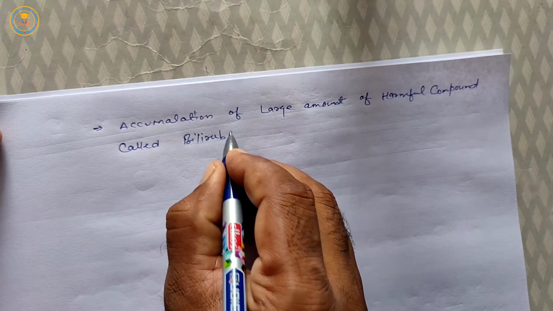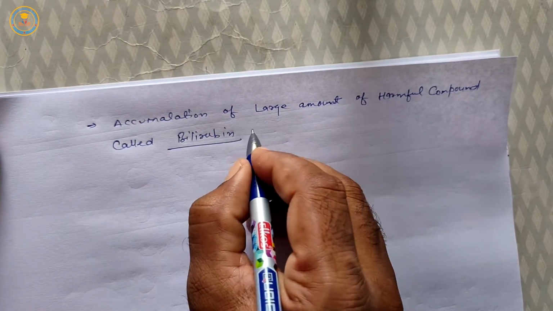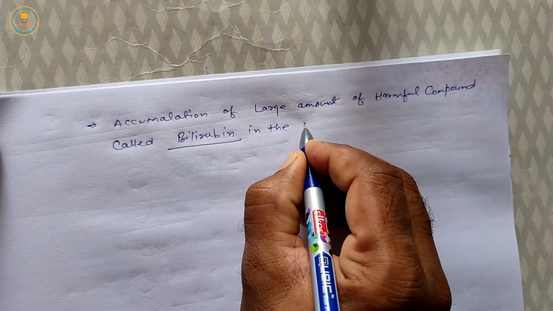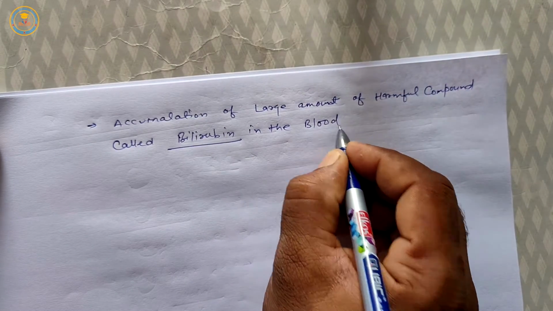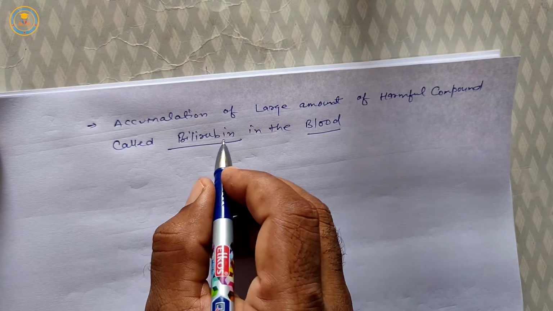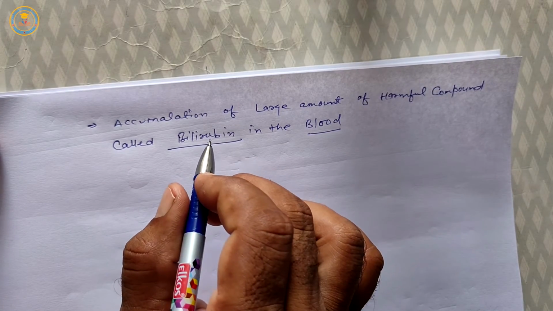Students, it is a pigment in the blood. It means deposition of bilirubin pigment in large amount.